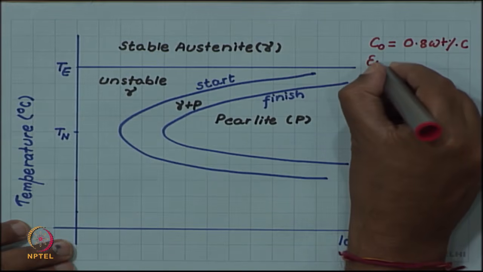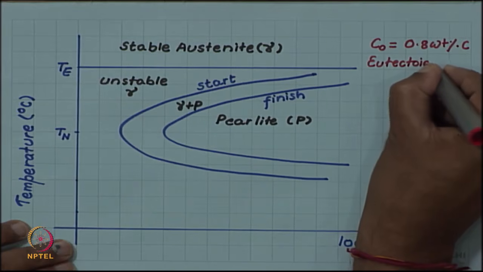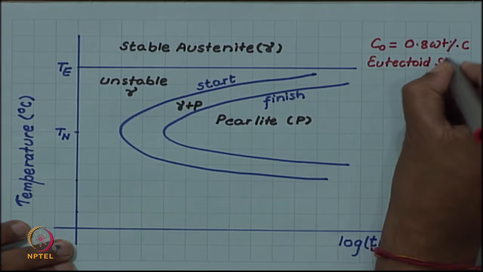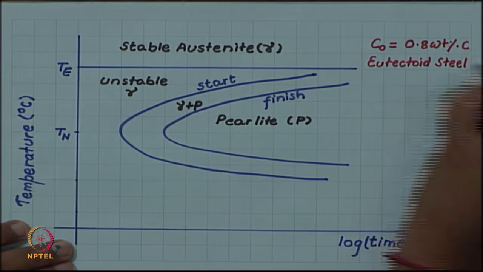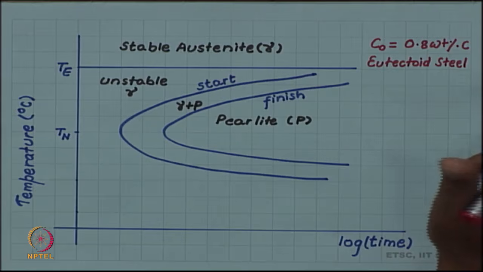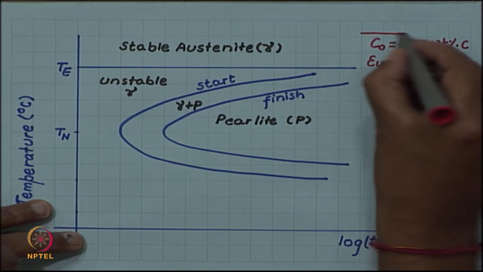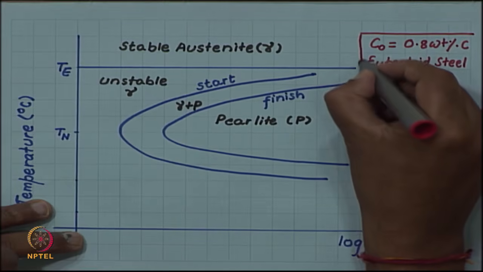And this is what we call the eutectoid steel. So, if you have a different carbon concentration, then you will have a different TTT diagram. So, every TTT diagram is for a particular given composition.